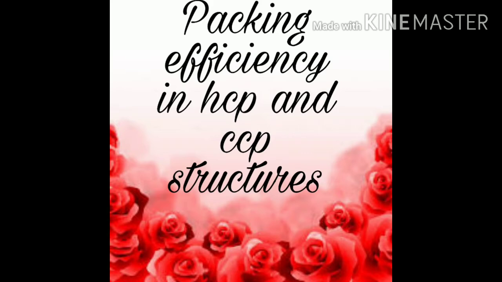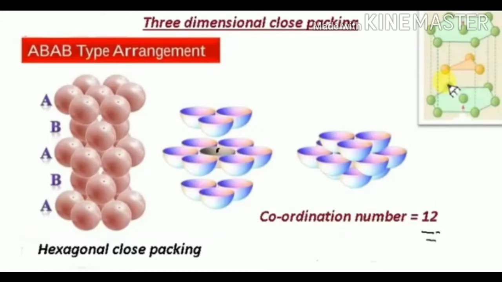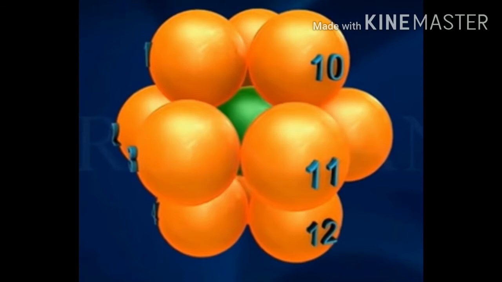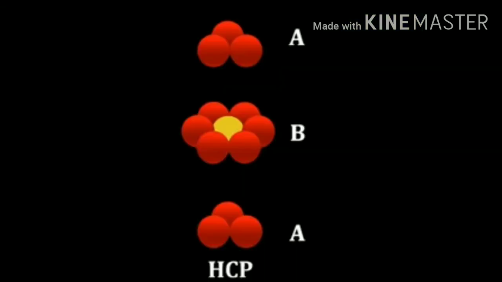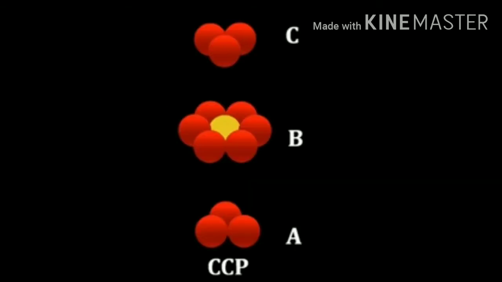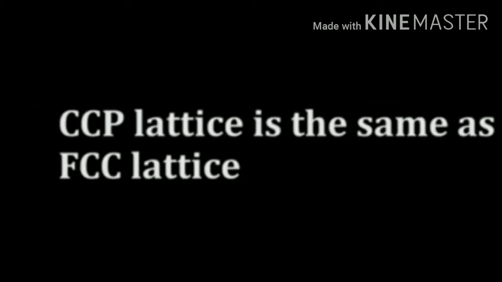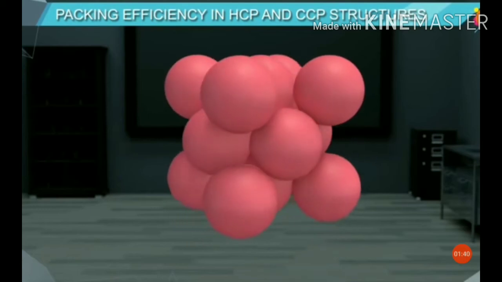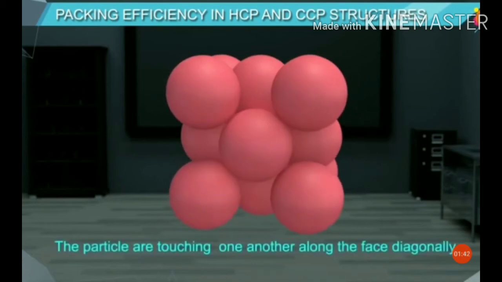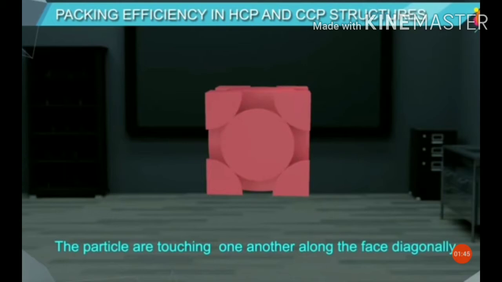You know, both are equally efficient with the coordination number 12. So here we calculate the packing efficiency in CCP structure, or this is otherwise known as face-centered cubic structure. In this type of arrangement, the particles are touching one another along the face diagonal.